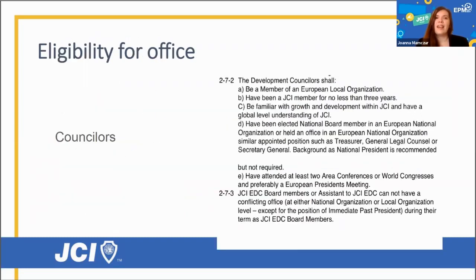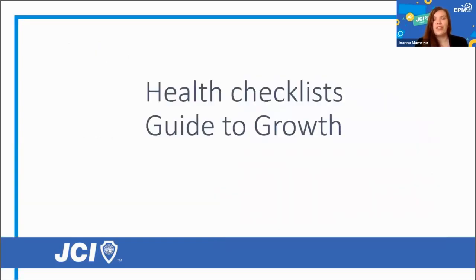As you can see, in order to be elected for the JCI EDC, we have a number of requirements, and it is highly recommended that the EDC members are the experienced national officers. This is the experience they can volunteer and contribute to your countries, and that's the perspective that they're bringing in. So hopefully this can be also useful for developing your own countries.